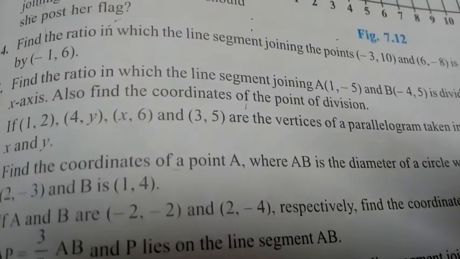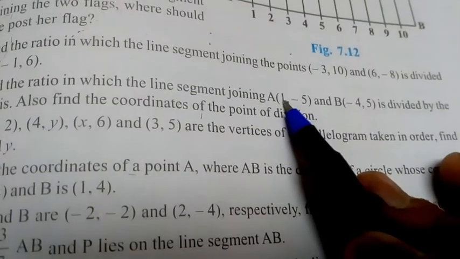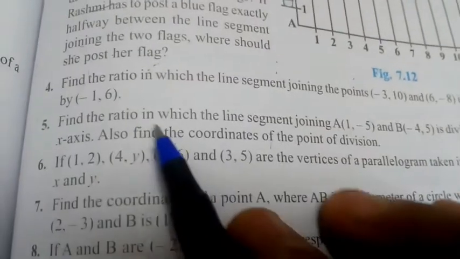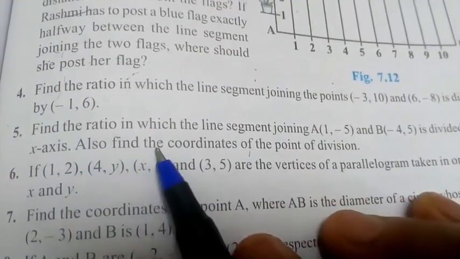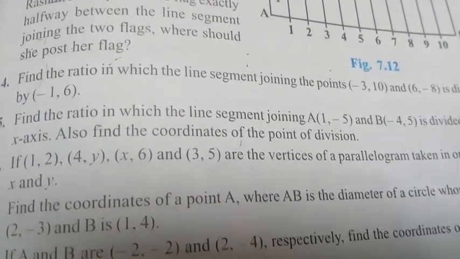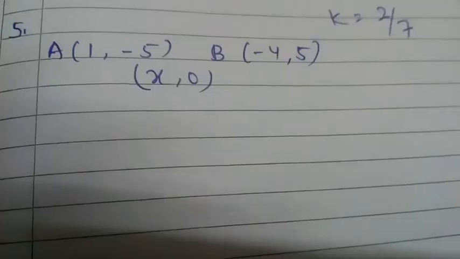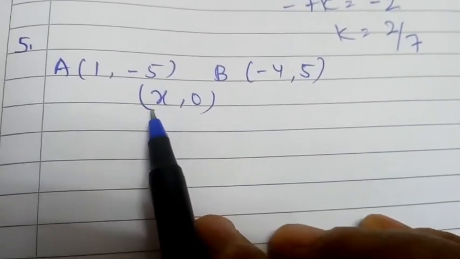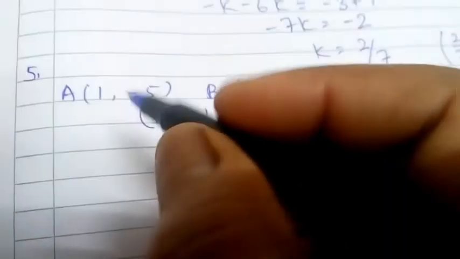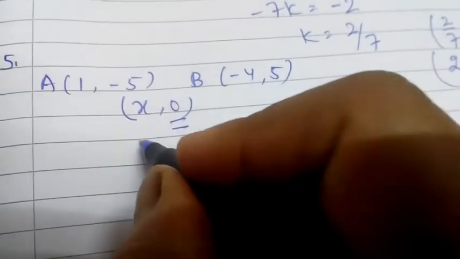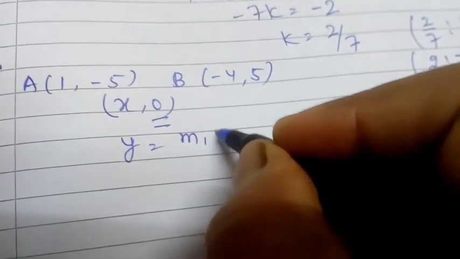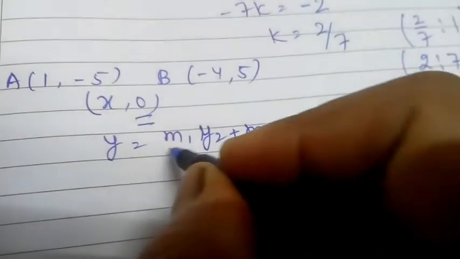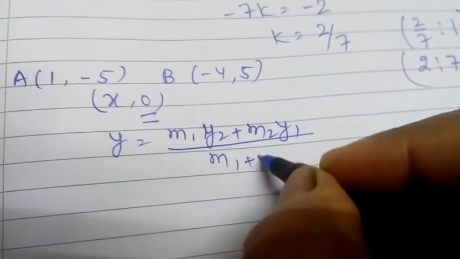Question number 5. Find the ratio in which the line segment joining A (1, -5) and B (-4, 5) is divided by the x-axis, and also find the coordinates of the point of division. A is (1, -5), B is (-4, 5), divided at the x-axis, so y is 0. Let us take the y coordinate formula: (m1 y2 plus m2 y1) upon (m1 plus m2).